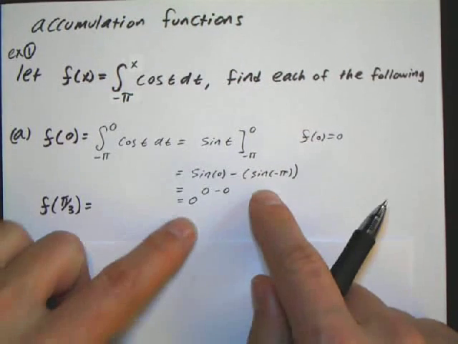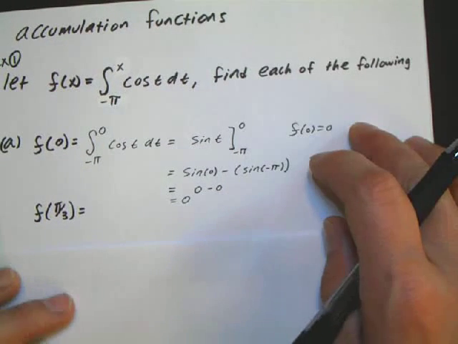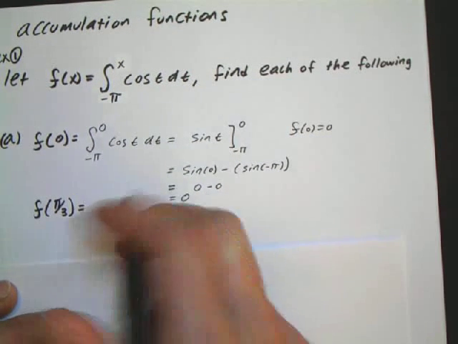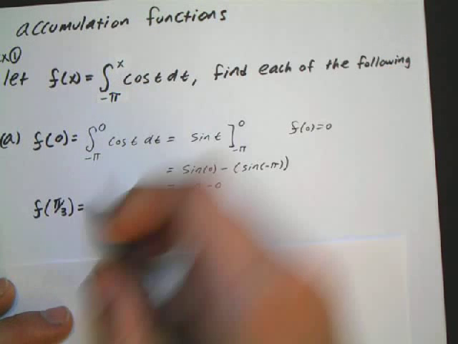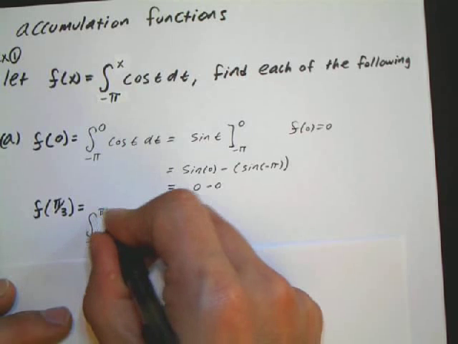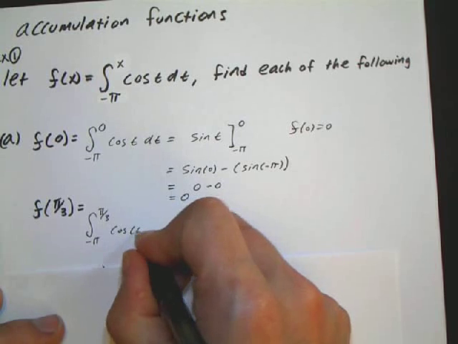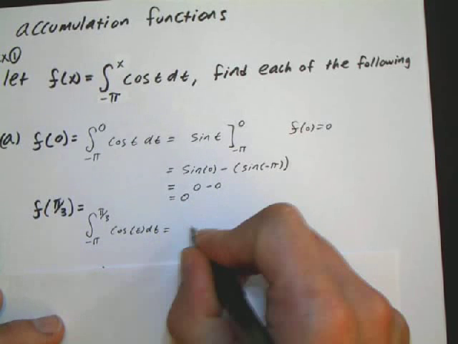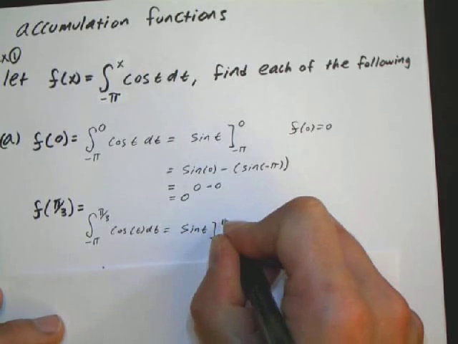So this really is just practice on finding antiderivatives and using the first fundamental theorem. And then for this one, the same thing, I'm plugging in pi over 3 as my upper limit. So this is going to turn out to be the integral from negative pi to pi over 3 of cosine of t dt, which is going to be positive sine of t from negative pi to pi over 3.